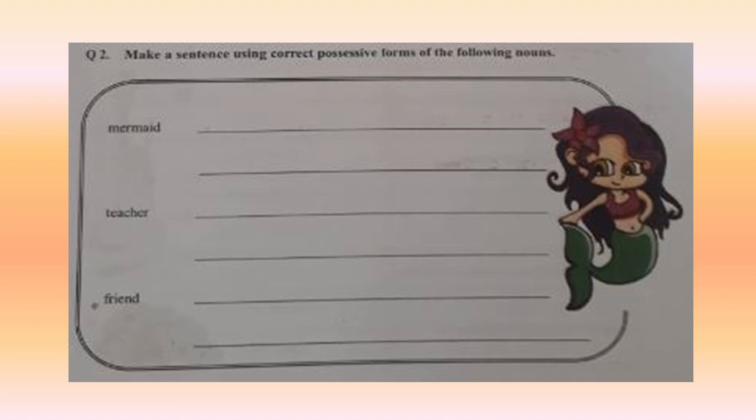Next, teacher. You can simply write any detail about your teacher, like my teacher's bag is of red color, my teacher's voice quality is very good, anything. And last, this is the simplest one. Write anything about your friend. For example, my friend's name is Sarah. This is my friend's pencil.